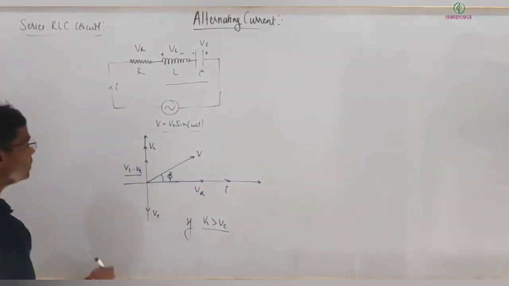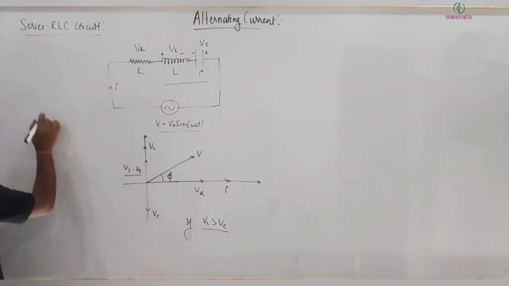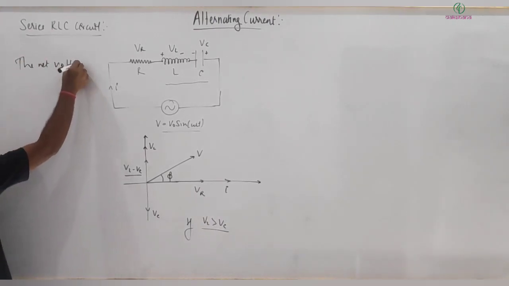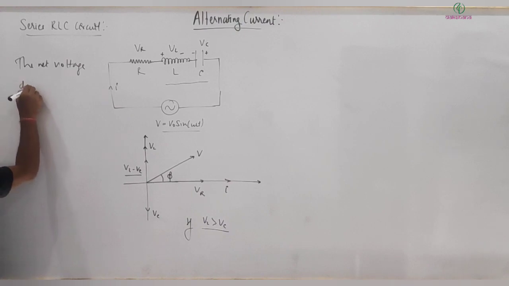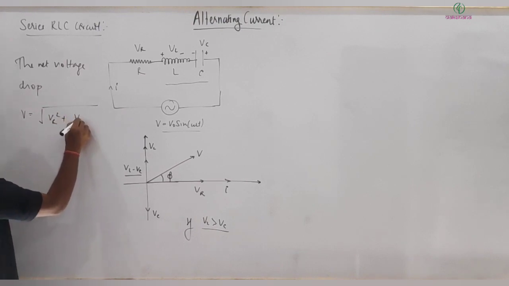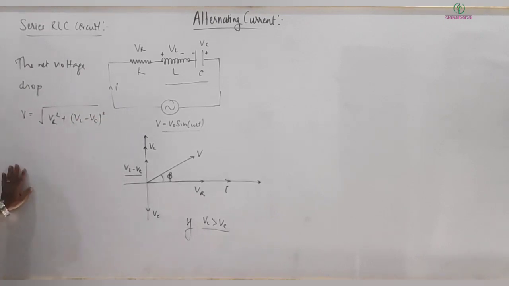Right? Okay, so in this case I can now write my net voltage. The net voltage drop V is equal to the square root of VR squared plus (VL minus VC) whole squared. And what are VR, VL, VC?